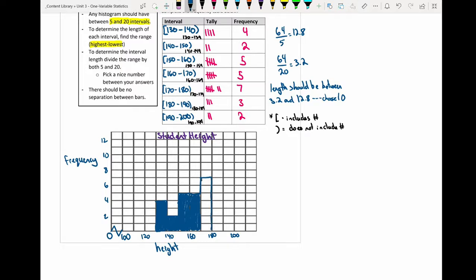Again, we do want to keep the bars the same width, and our intervals help us keep that width consistent, because they're always going to be 10. We have our measurements, or a scale, along the bottom to help us with that as well. 180 to 190 is 3. And finally, 190 to 200 is 2.